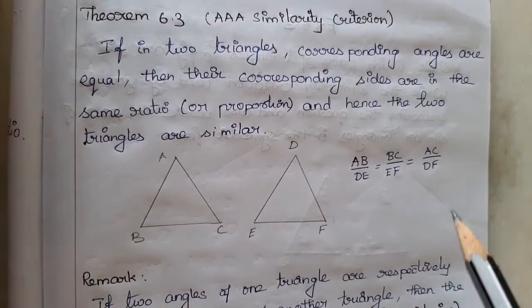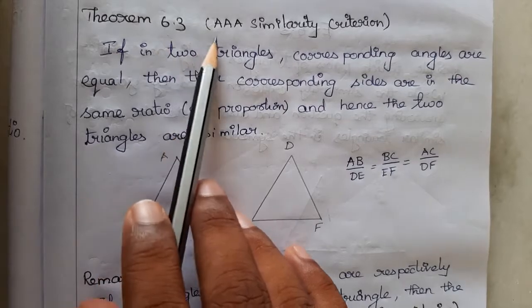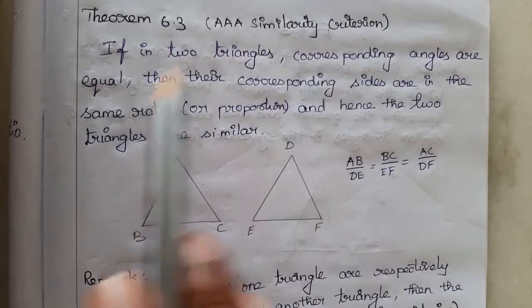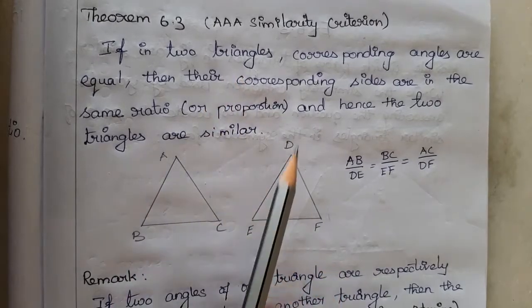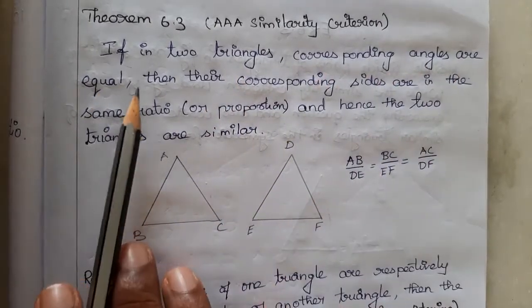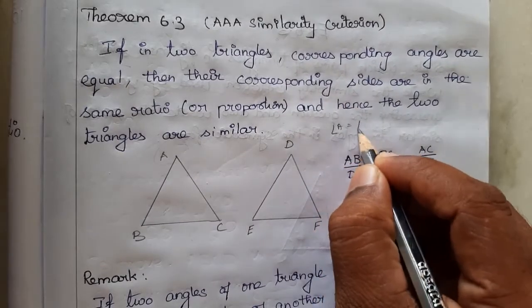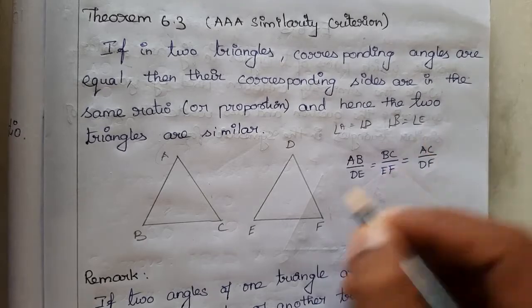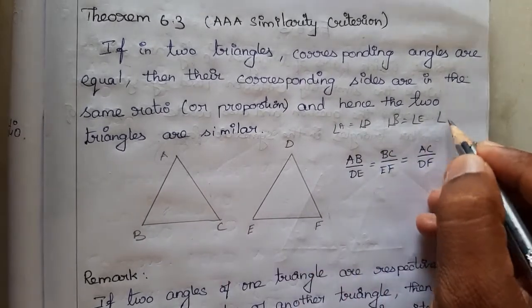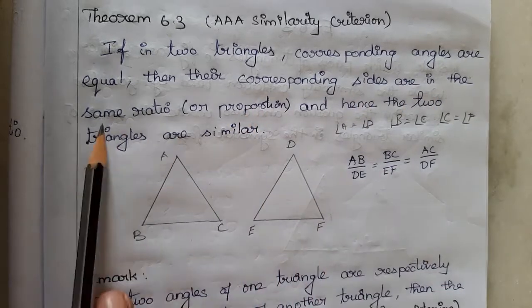So here we go for the similarity criteria. First, theorem 6.3 is about the AAA similarity criterion. If in two triangles the corresponding angles are equal, that is angle A is equal to angle D, angle B is equal to angle E and angle C is equal to angle F, then the corresponding sides are in the same ratio.